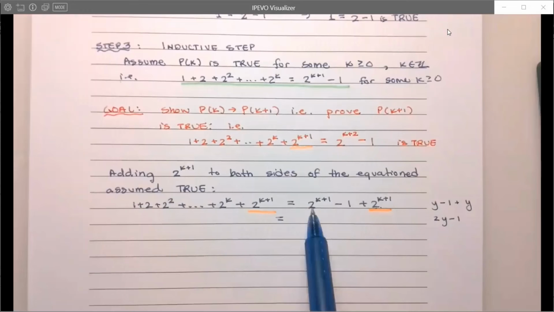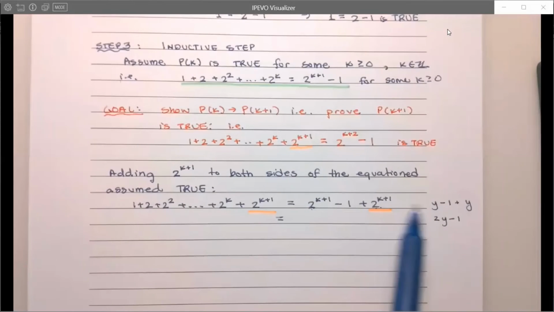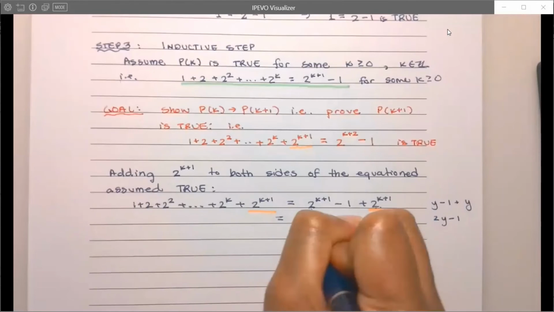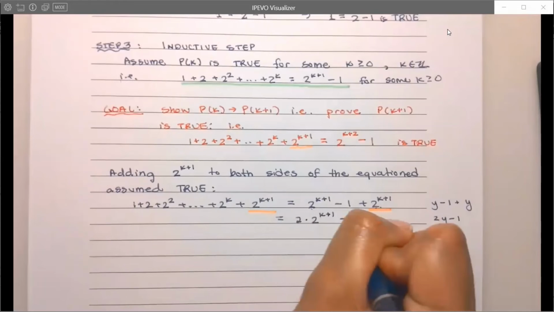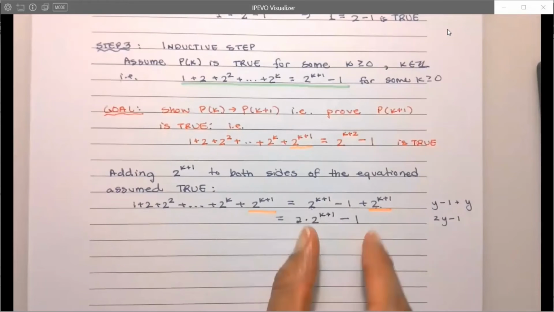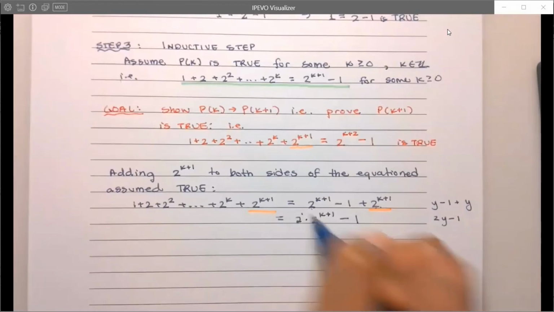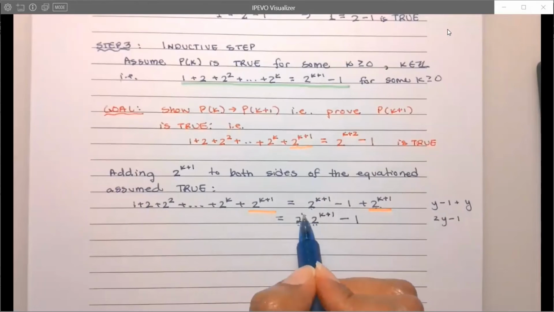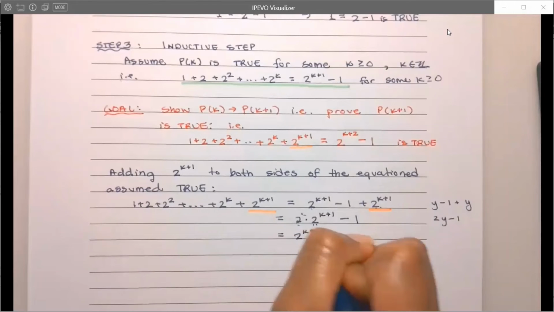In this expression we have the same thing, except that instead of y, we have 2 to the k plus 1. So this is going to become 2 times 2 to the k plus 1 minus 1, combining the like terms. And then we can apply our power rule here since we have the same base. When we have the same base, add the exponents, and that becomes 2 to the k plus 2 minus 1.